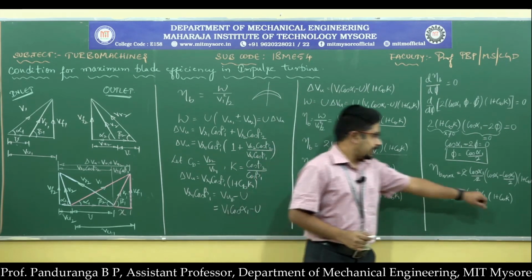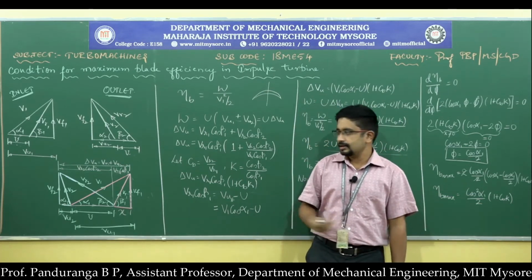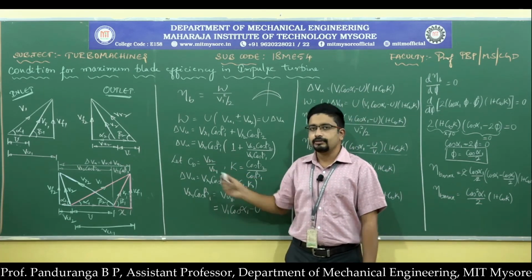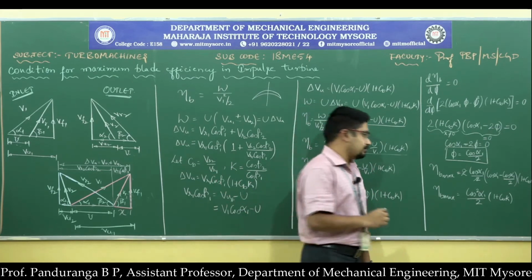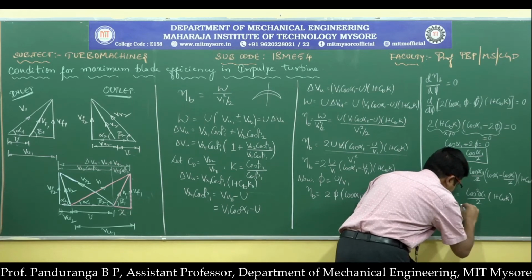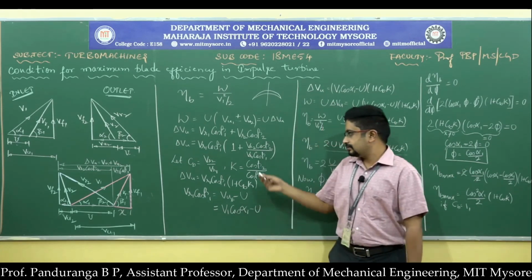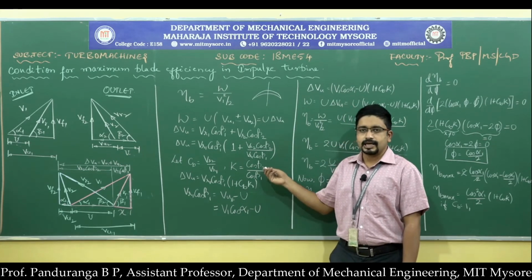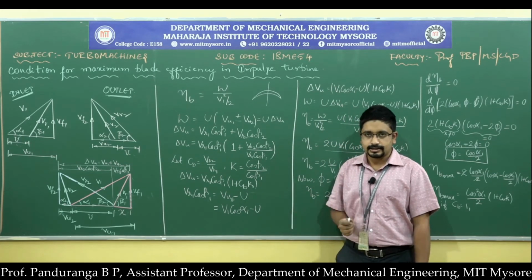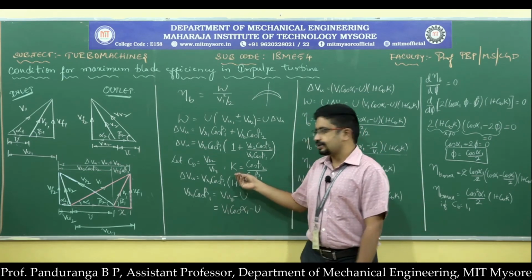Now we have Cb and k. Cb accounts for the losses which occur due to fluid friction, and that is the ratio of Vr2 by Vr1. Let us consider Cb is equal to 1, and now let us assume the blades have the same inlet and outlet angles, that is beta 1 and beta 2 are the same. Then what happens to k?